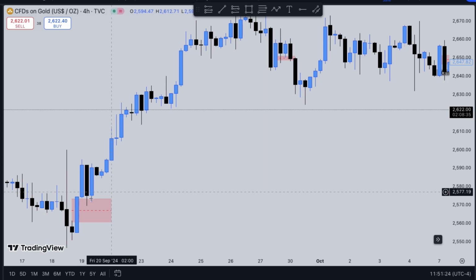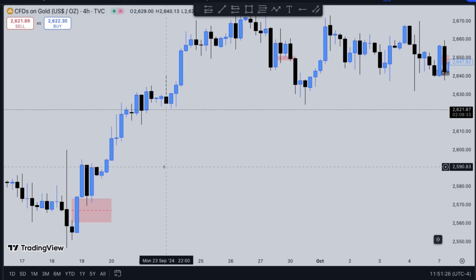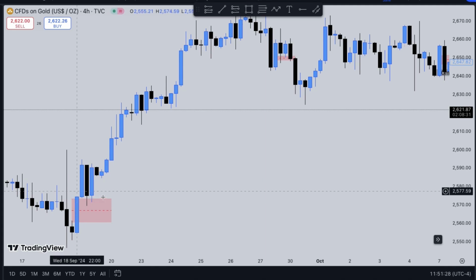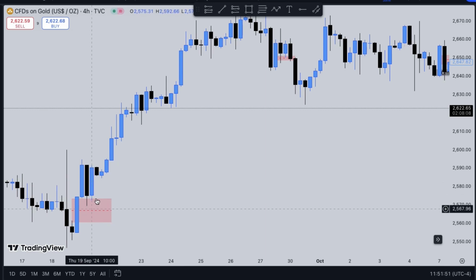If you know what order blocks are, you know that right after an order block, when a fair value gap is formed, it's mostly a valid one. In case you don't know what order blocks are, I've made a separate video on that, which I'll have linked in the description. These three candles here, we find a gap formed in between. You don't find any of those gaps formed here. So we find that the next time price taps into this gap, it gives us a huge buy.